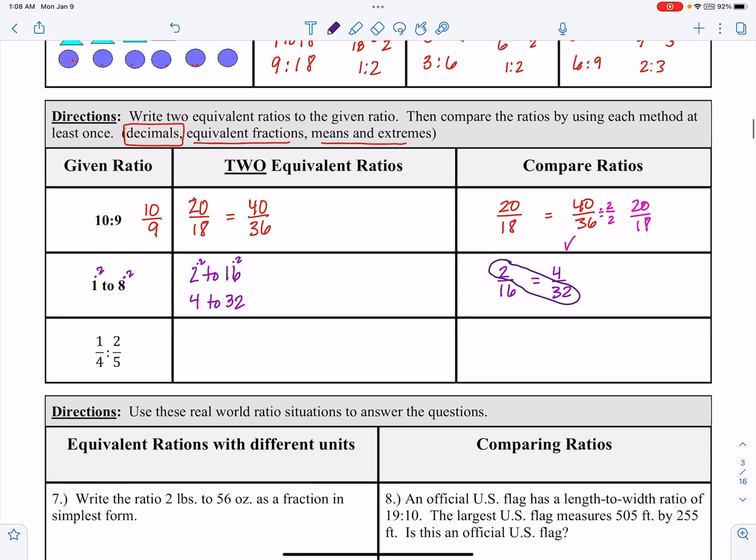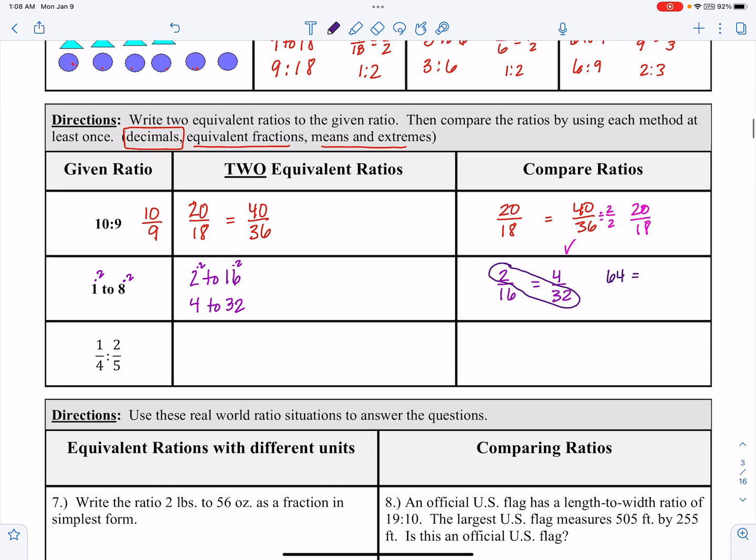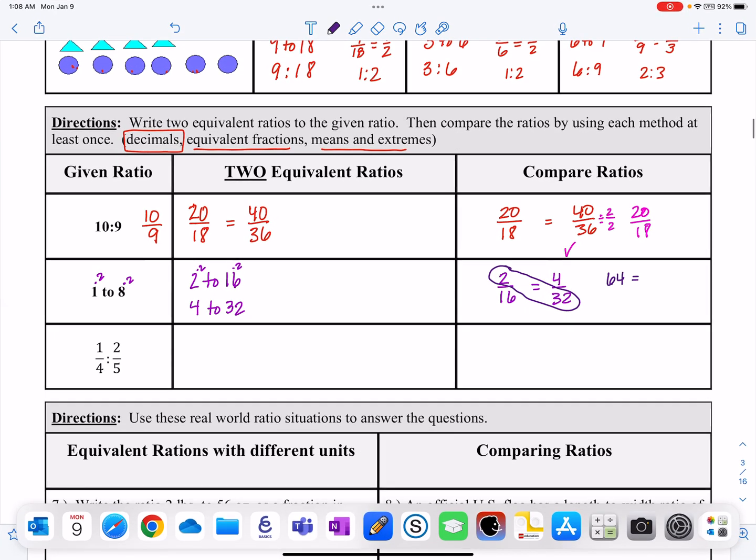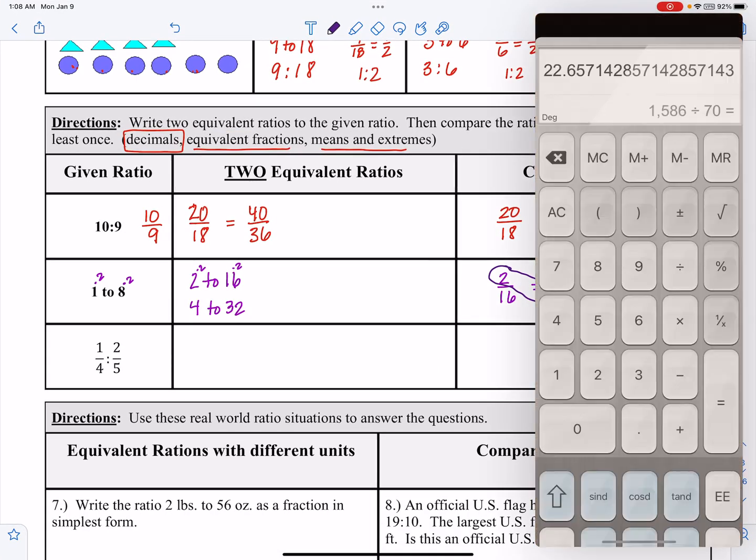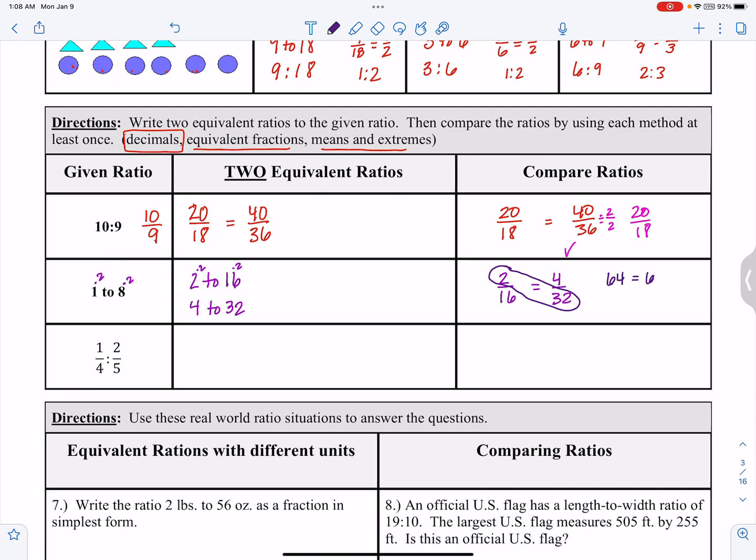And so you would just do 2 times 32, and you would get 64 equals 16 times 4. So 16 times 4 is 64, and you can see that they are equal to each other, okay? And you could have also cross-simplified a little bit if you wanted as well.